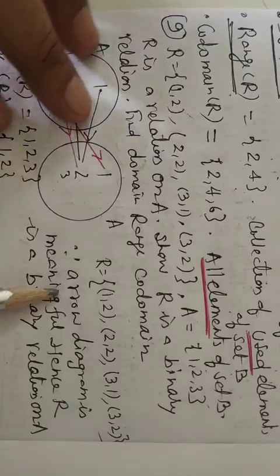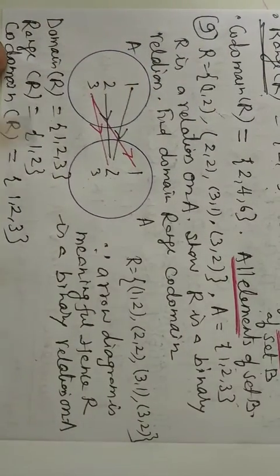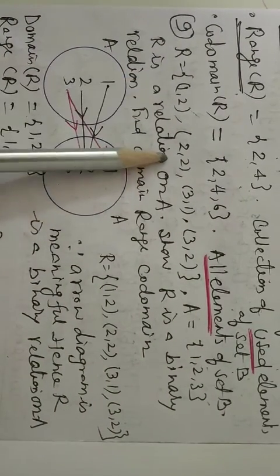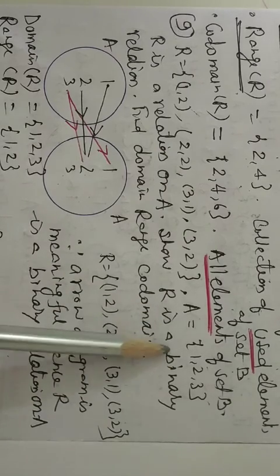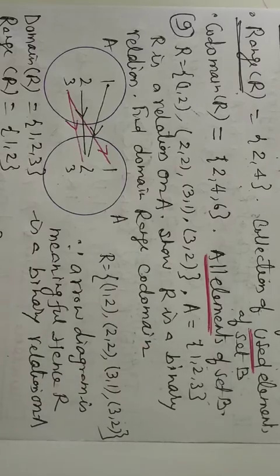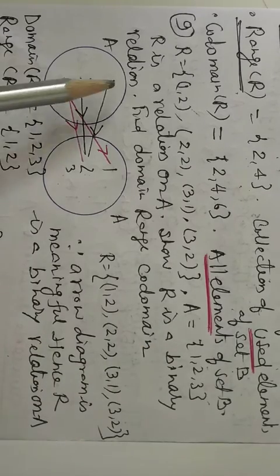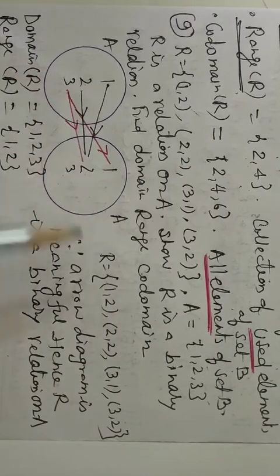Now number 9, make yourself clear. Again, R is equal to this, A is equal to 1, 2, 3. The same set has been taken. There is no separate B. So write 1, 2, 3, and again 1, 2, 3.